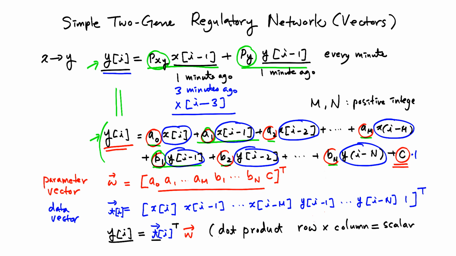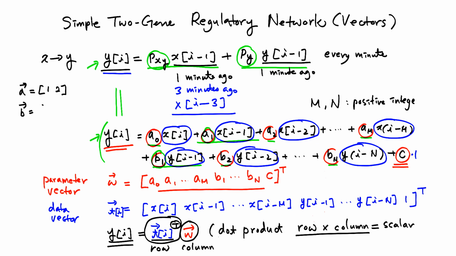T vector is a column vector. By having this transpose, this term is a row vector, and this vector W is a column vector. So we are basically doing this dot product, and our result is y of i, which is a scalar value. Let's say you have a row vector A, which is 1 and 2, and B, which is a column vector, let's say 2 and 3.